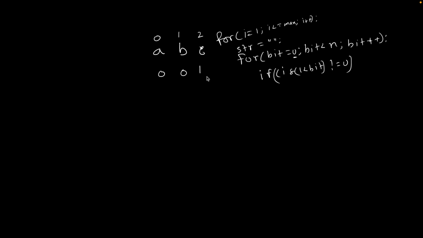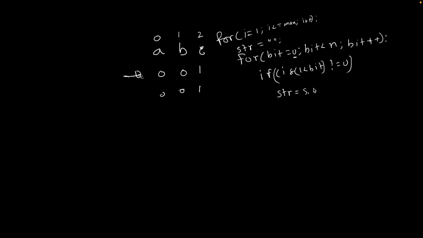If we apply this formula for the first iteration, for this binary number, we get 1. So we will have 1 left shift bit, a mask something like this. Then if we apply it, we get 0 1 0 0 1. This is not equal to 0, that means at this position we have 1. So we extract this character.